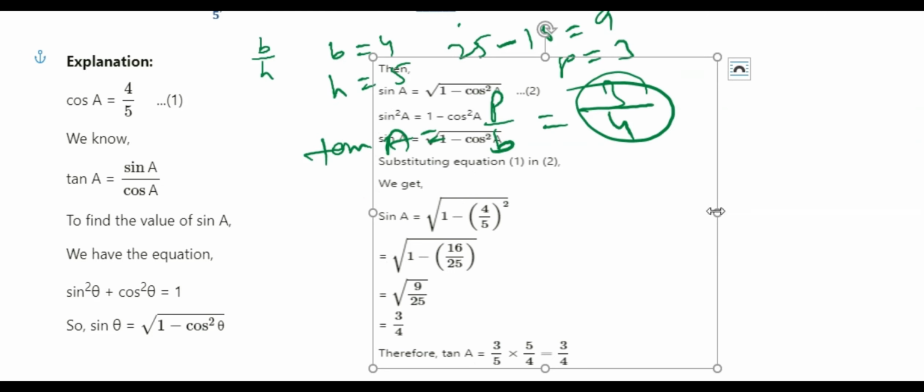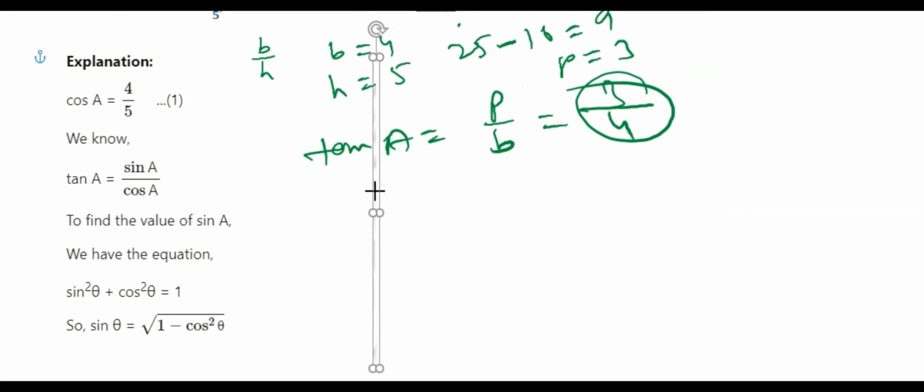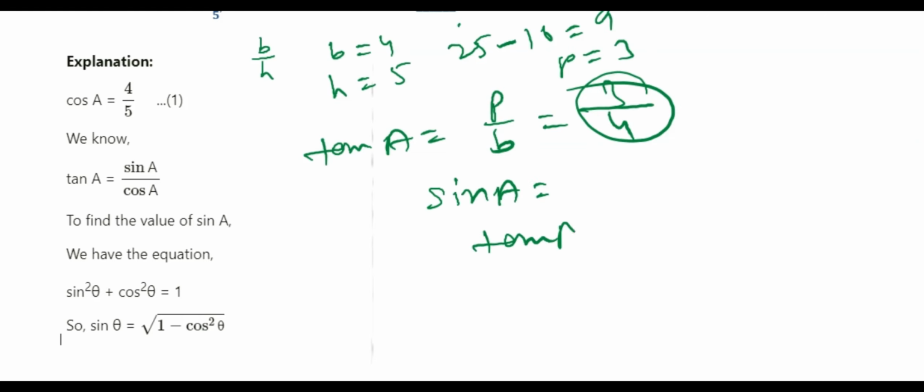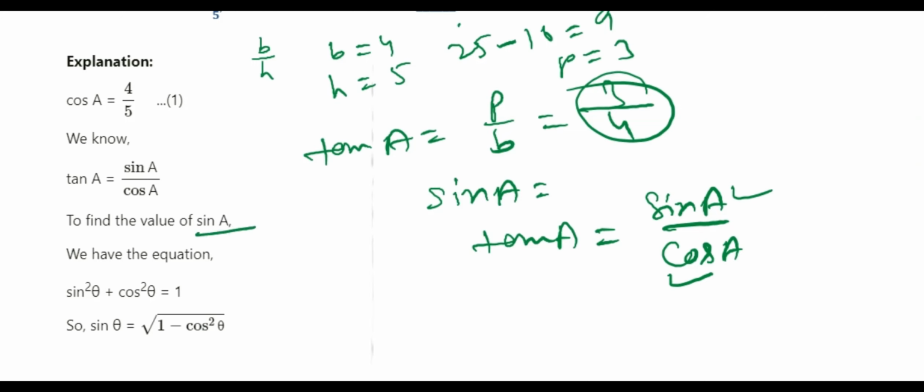First of all, we will find sin A, and you know that tan A equals the ratio of sin A by cos A. Cos A is given in the question and sin A is to be found. Here it is written. I hope you are able to solve this question.